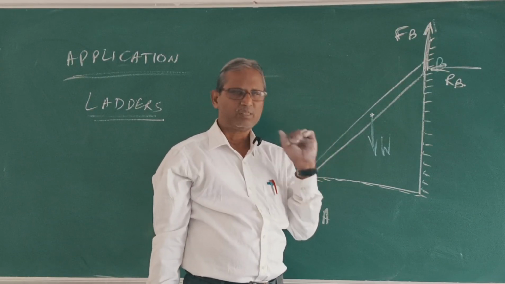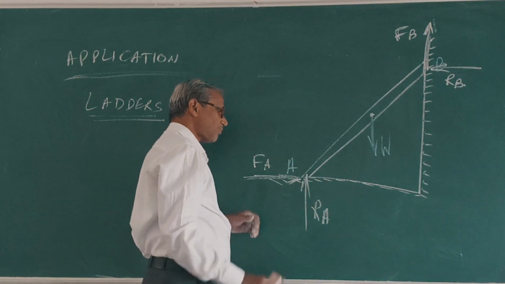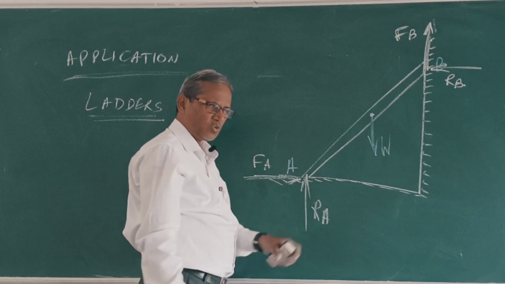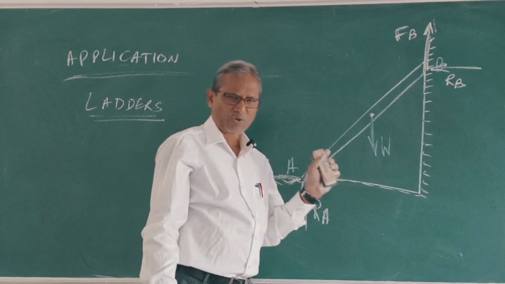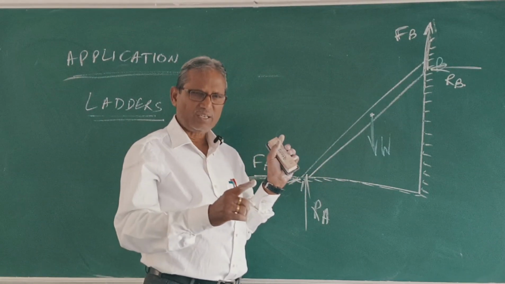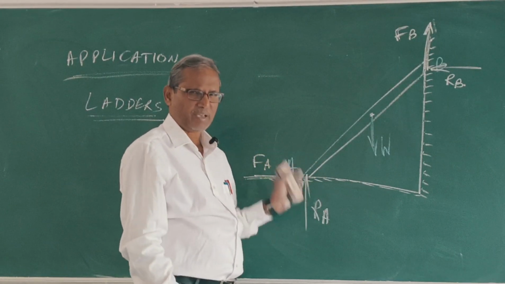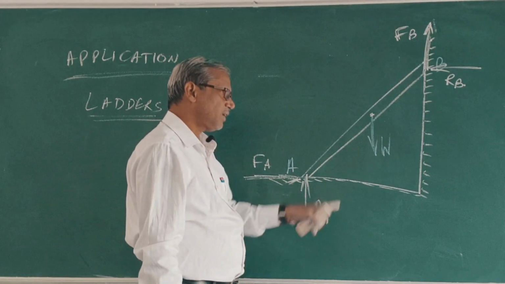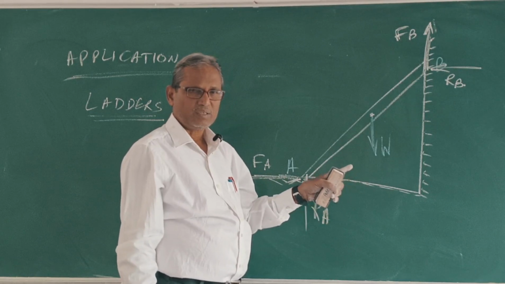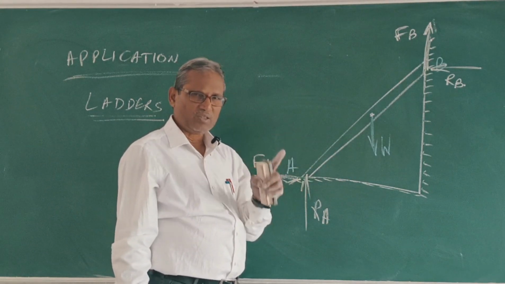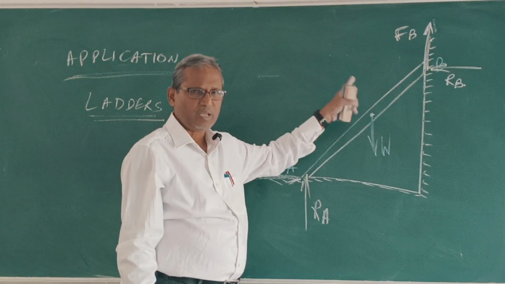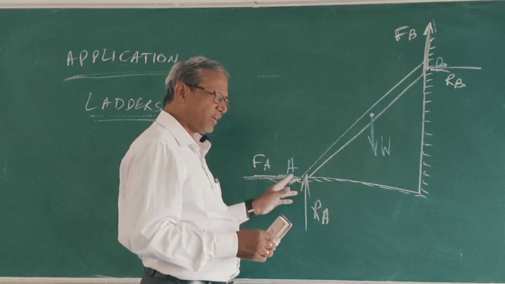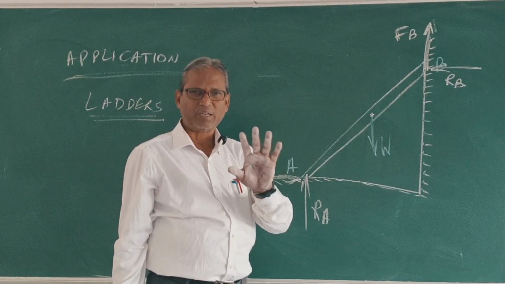See here. The ladder slips to this side, towards left, away from the wall along the line of action of force FA. Similarly, the ladder slips downwards along the line of action of FB. Clear? So some work will be done by FA and FB, but no work will be done by RA and RB.